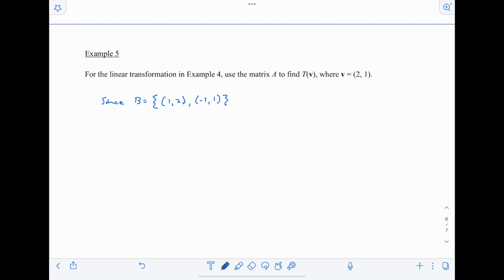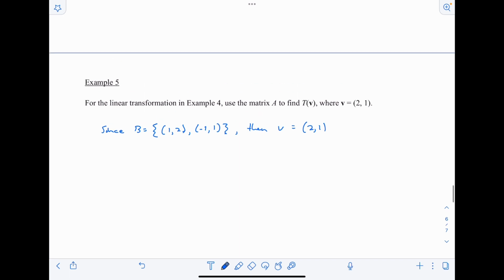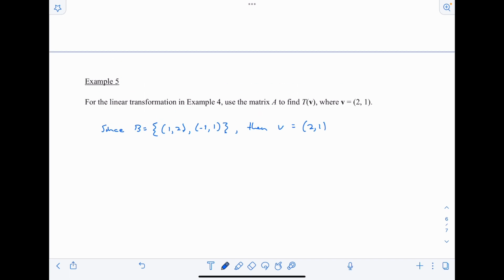And from that, we can find V as a linear combination of these. So if I think of this as C1 times V1 plus C2 times V2, and I want to write 2, 1 as a linear combination, it'd be 1 times 2, 1, and then minus 1 times negative 1, 1. And you can find that by just setting up a matrix.